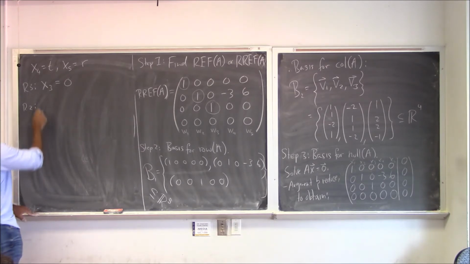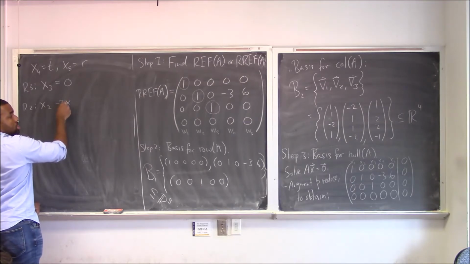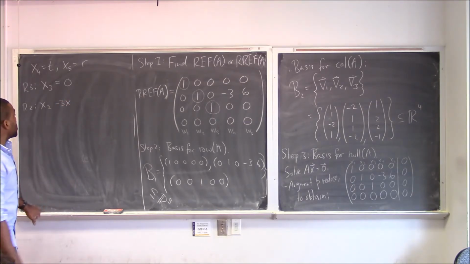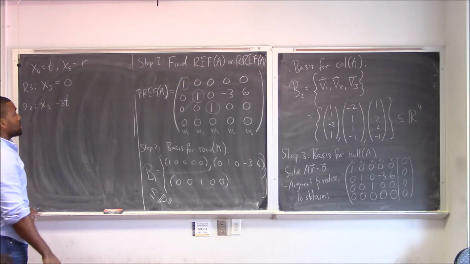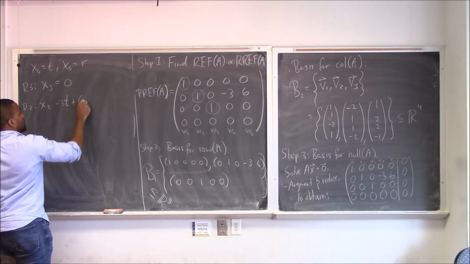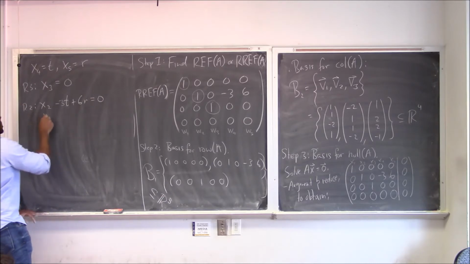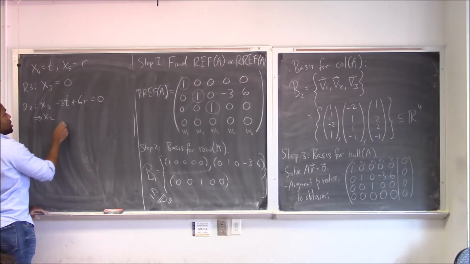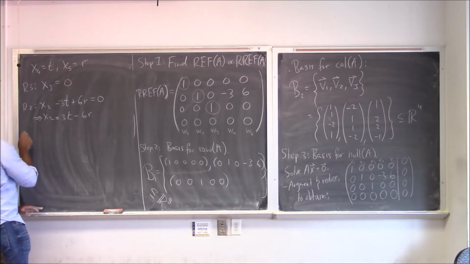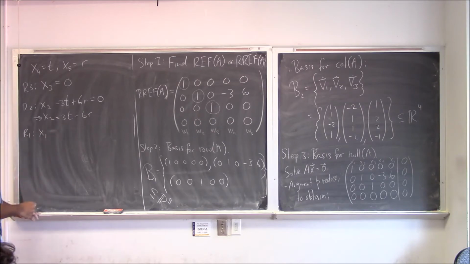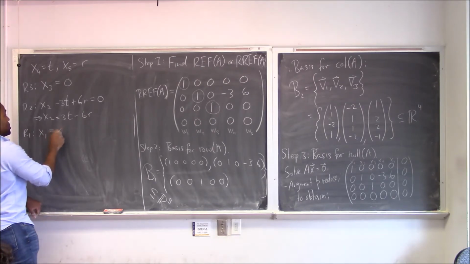Row 2 tells us that x2 minus 3x4 plus 6x5 equals 0, so x2 minus 3t plus 6r equals 0. This means x2 would be equal to 3t minus 6r. And go to row 1. x1 is also 0.